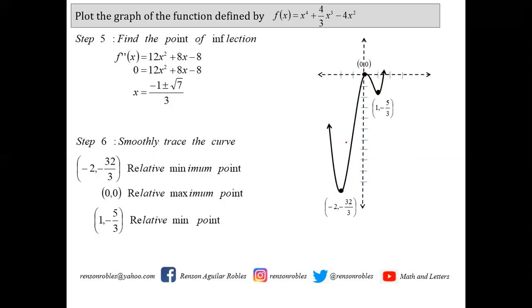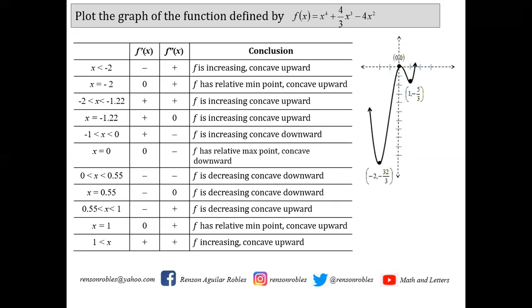And there you go. This is the function f of x equals x to the 4th plus 4 thirds x cubed minus 4x squared. That can be best described by using this table. We consider the critical numbers and the points of inflection. Whenever x is less than negative 2, f prime of x is negative and f double prime of x is positive.